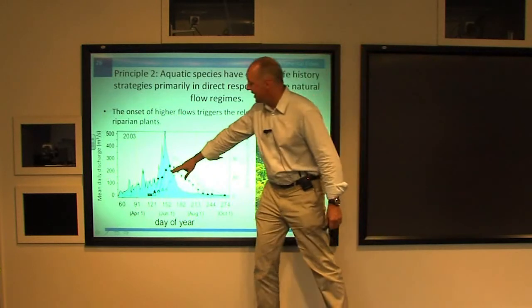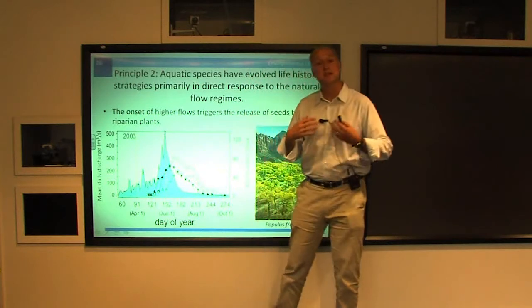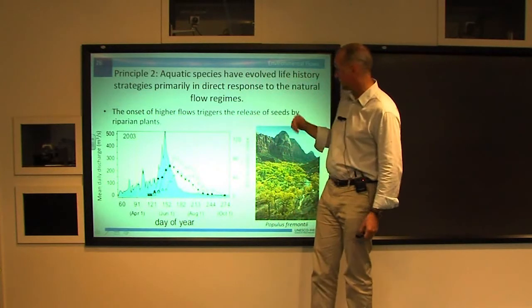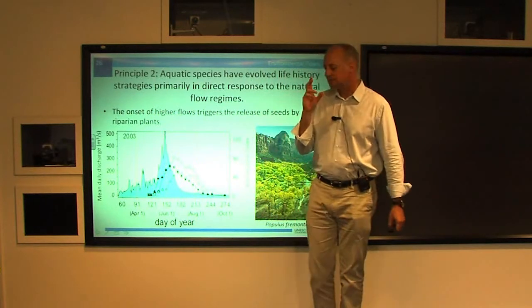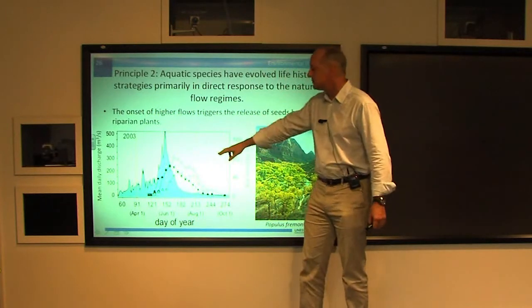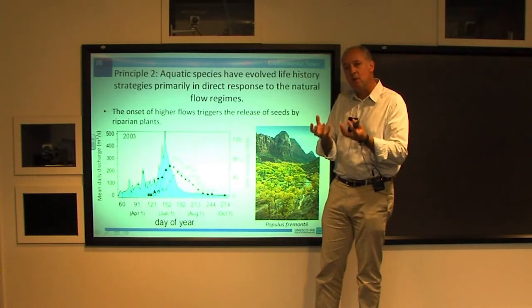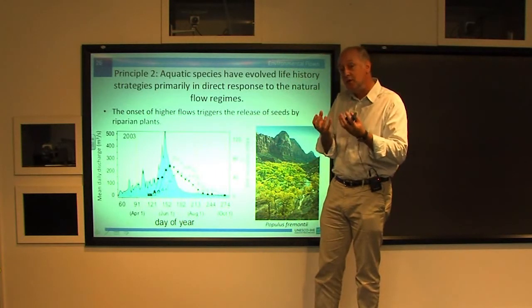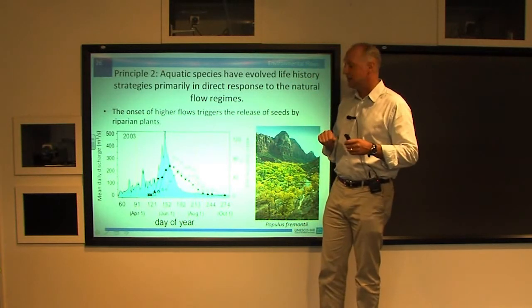And we can see that as water levels rise, so too does the release of seeds of this cottonwood species. And we see that the seed drop actually hits its maximum sometime after the flood. So the floodwaters have receded, leaving moist substrate, perhaps newly created substrate, along the edges of the river.